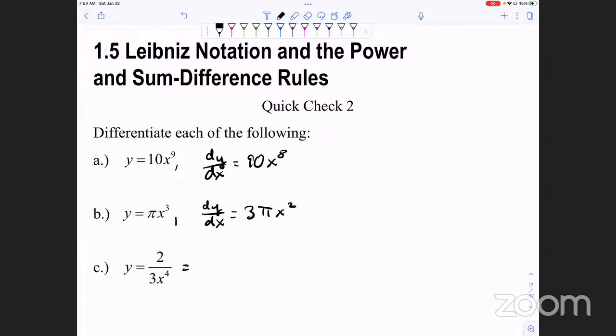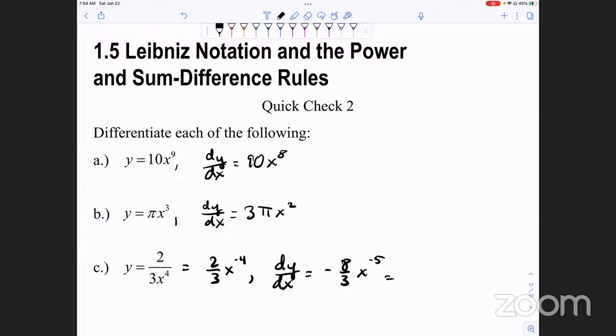This is the same as 2/3 x to the 4, so then our dy/dx, the exponent comes down, and that's going to be negative 8/3 x to the negative 5th.